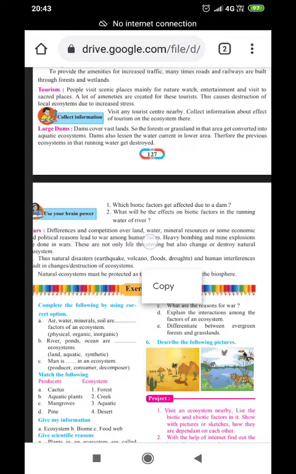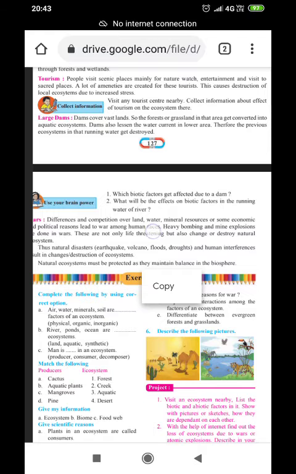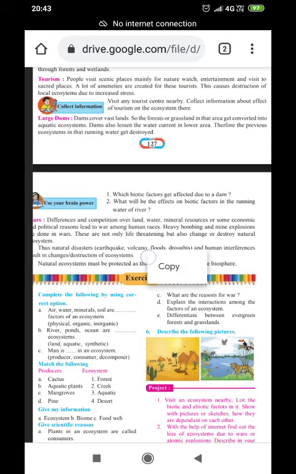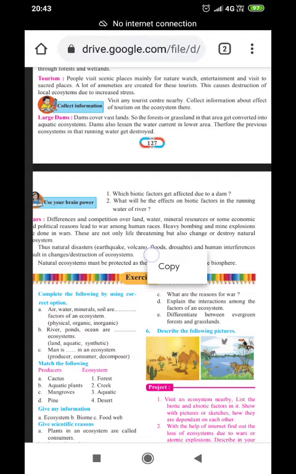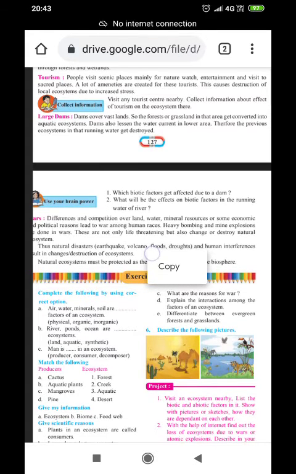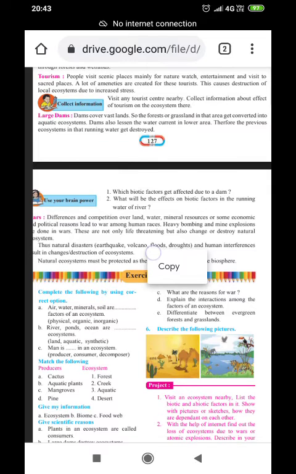Which biotic factors are affected due to a dam? Especially the organisms living on the trees, which are totally dependent on the trees, are affected, like birds, insects, bees, and those depending on the flowers, plants, and animals. Many biotic factors are affected due to the dam.